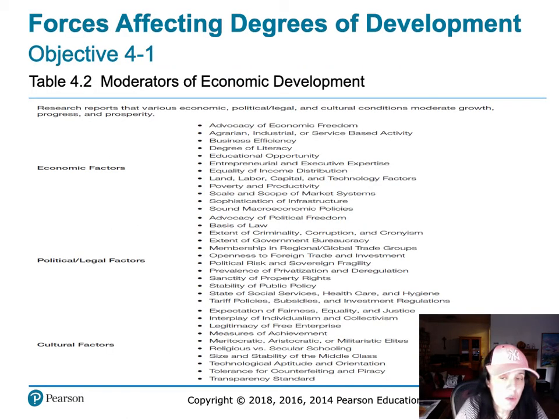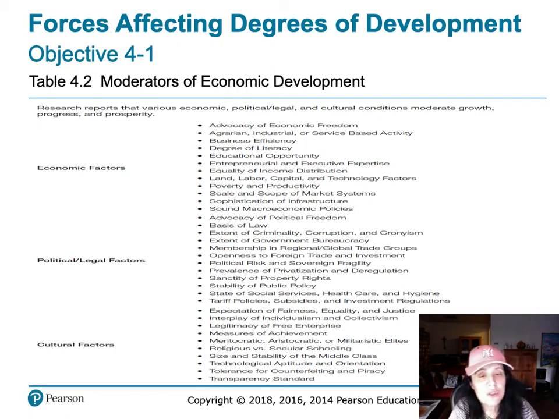Here is learning objective 2. We need to learn how to differentiate the types of economic environments. These factors assist in a country's economic development, right? So we have the economic factors, the political legal factors, which we already learned in chapter 3, and the cultural factors. It's important to study this review sheet or this chart.